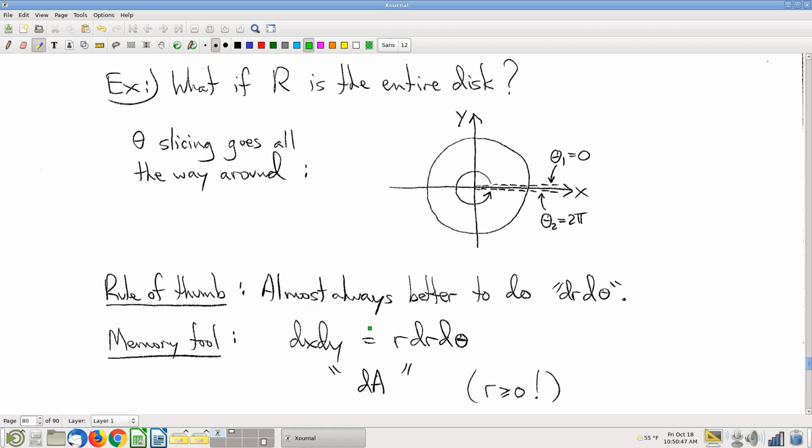The other thing, and I think this is a really important memory tool, is to notice that area in the XY plane, my dA, that I often write as dx dy if I'm doing it in rectangular coordinates, that dA is r dr d theta. It is not dr d theta.